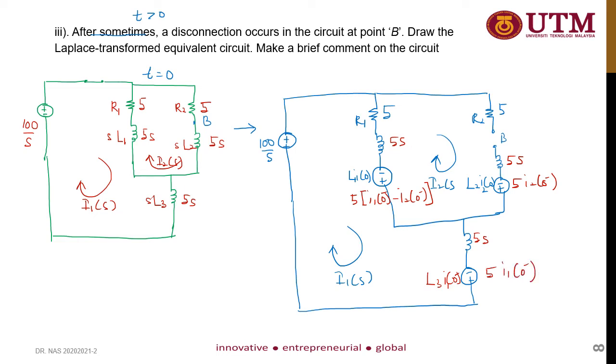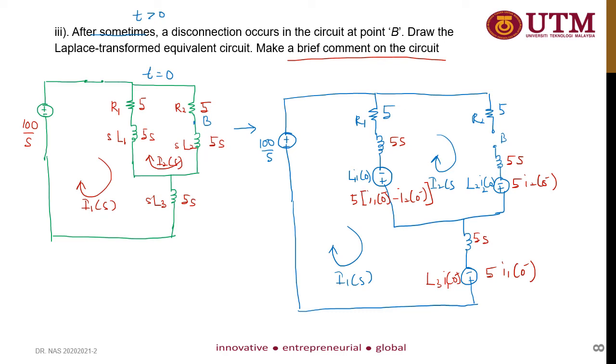Okay, so this is the Laplace transform equivalent circuit when there's a breakdown at point B. Don't forget to justify your answer. So what happened after disconnection occurred?